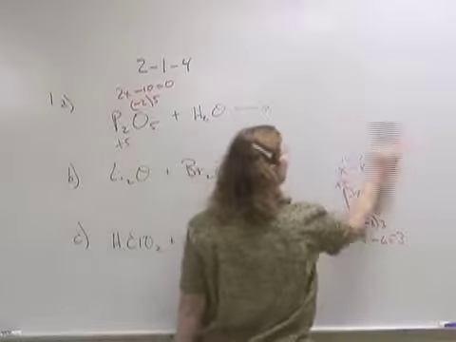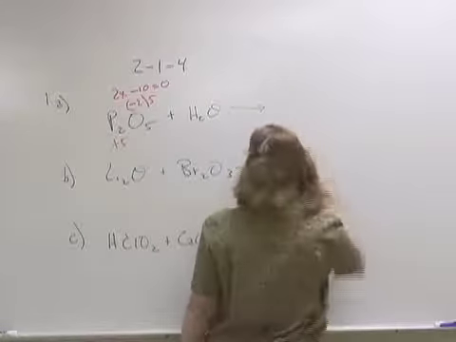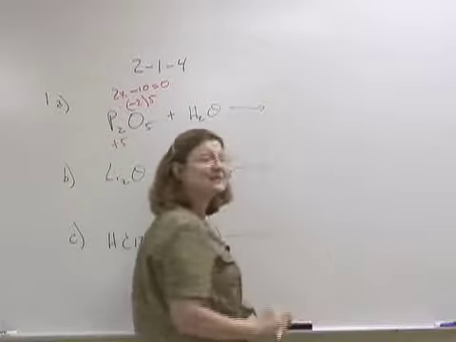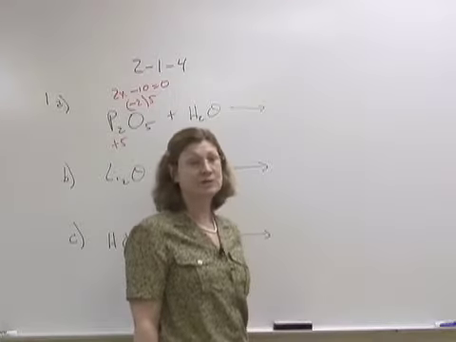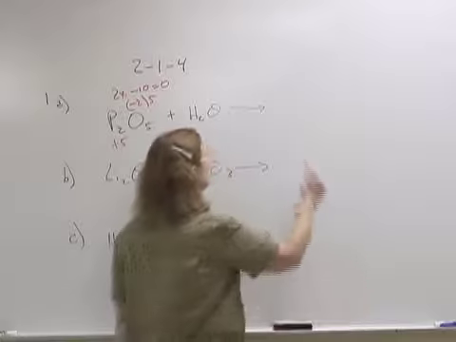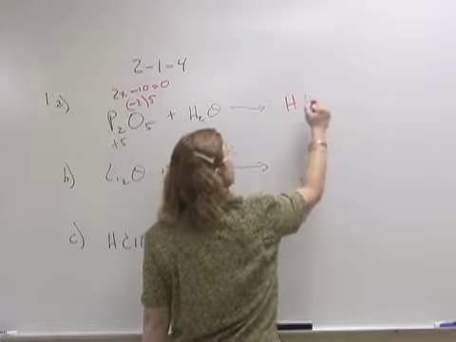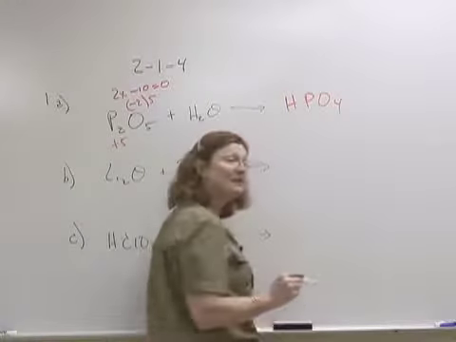And I know that an acid anhydride plus water will give me an acid, and acids always start with hydrogen except for water. So I start with hydrogen, and I determined that it was phosphate.